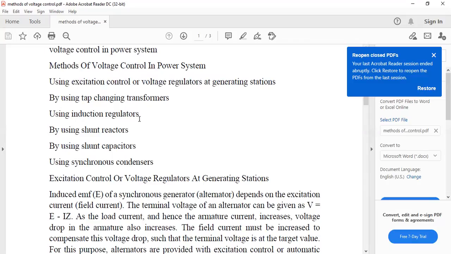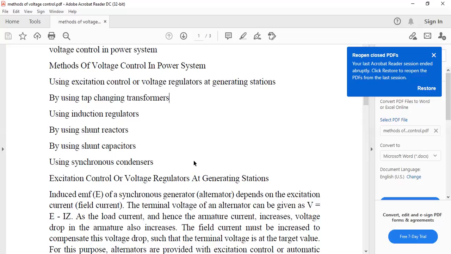Using induction regulators also, we can control the voltage, and this is also suitable for the transmission side. By using shunt reactors, shunt capacitors, and synchronous condensers, we can improve the voltage, or control the voltage within the tolerable limits.